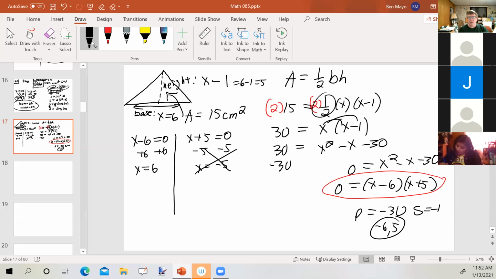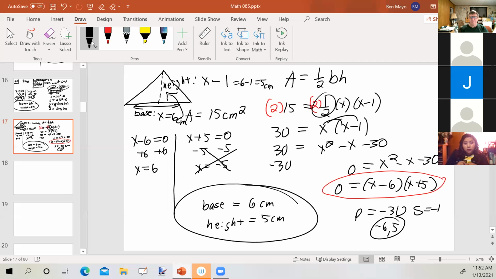Well, the area was given in square centimeters, so the length of the base and the height would both be centimeters. So the base is 6 centimeters and the height is 5 centimeters. Any questions about that?